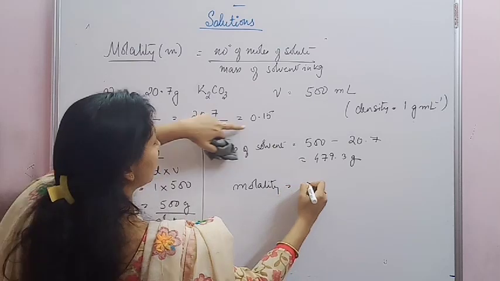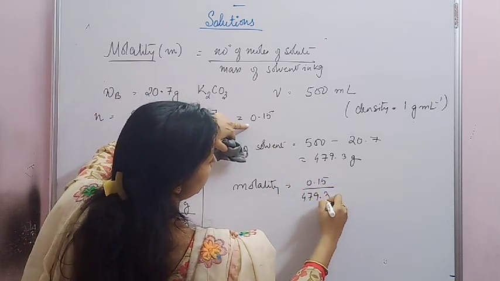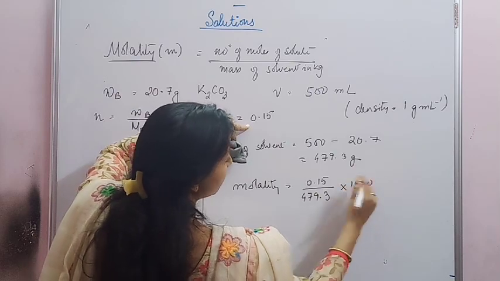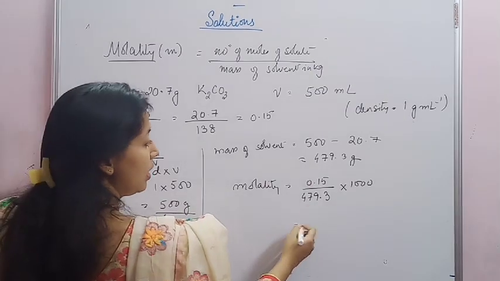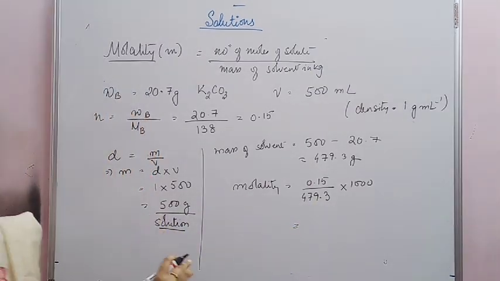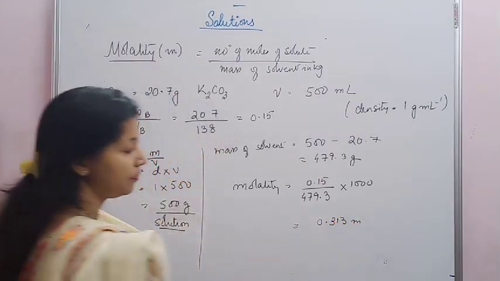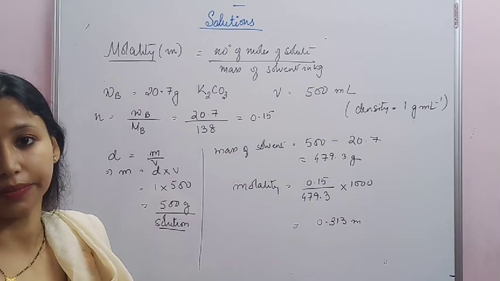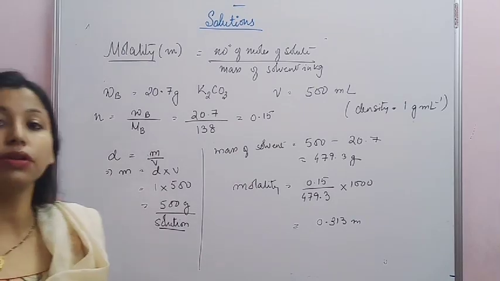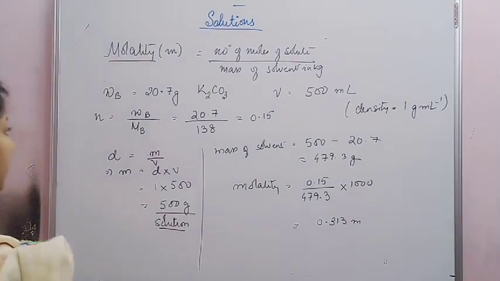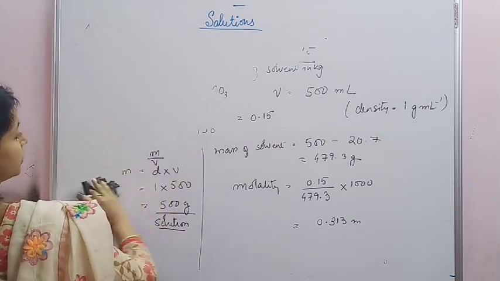Molality will be 0.15 divided by 479.3 into 1000. Remember, this was in gram, we need to convert it into kg. If you calculate this, you will get 0.313 molal, that is mole per kg. Okay, so this is how you will solve numericals based on molality. Alright, next, let us discuss mole fraction.